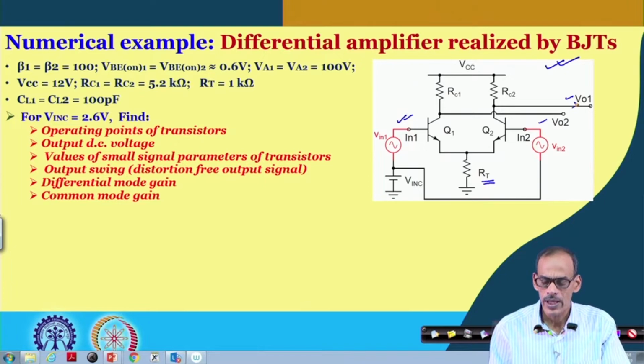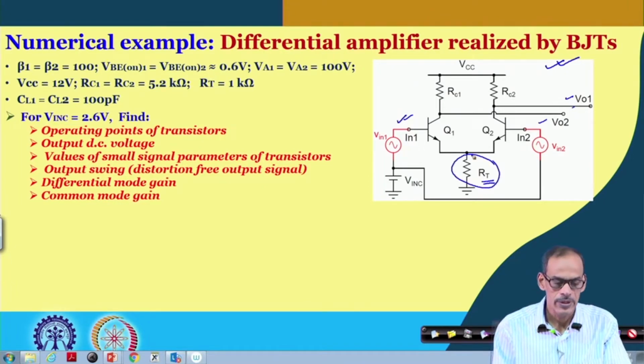The actual circuit, of course, has only one tail resistor. If you connect the emitters of the two transistors together, then the two circuits are essentially the same.